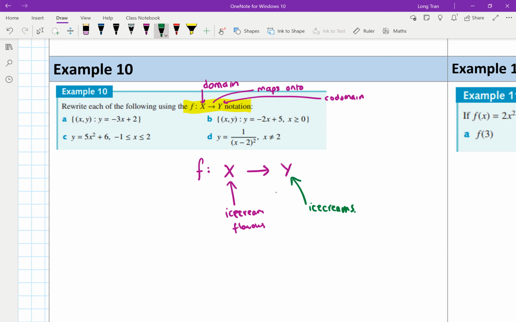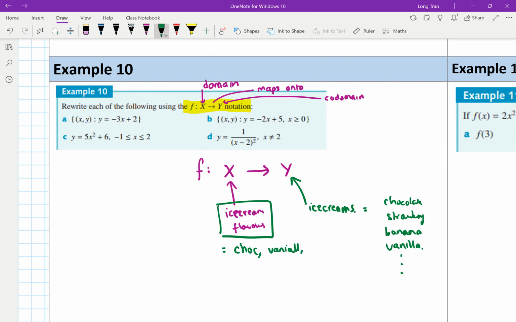So you can have, say, chocolate, strawberry, banana, vanilla, and the list goes on, right? There's an infinite amount. Then the ice creams here is what you want to choose. So you might just want to choose the three standard ones: choc, vanilla, and strawberry. Oh my god, I'm not really in my spelling mode today.